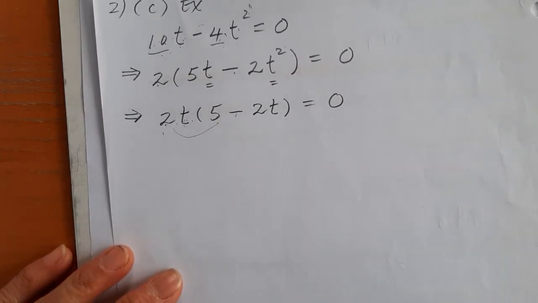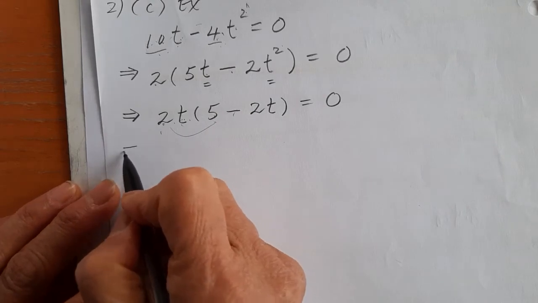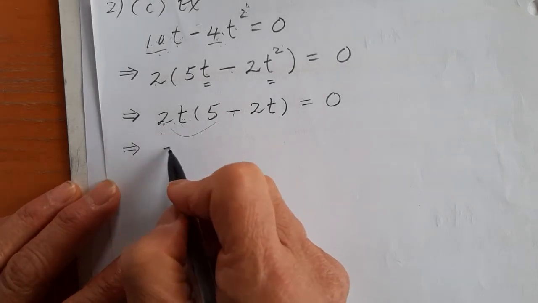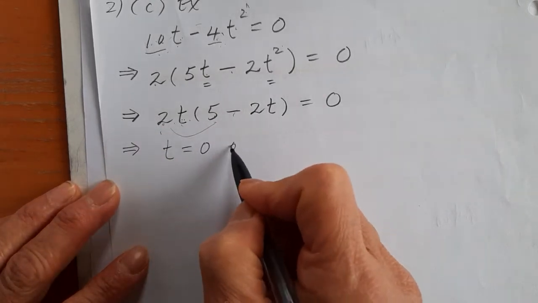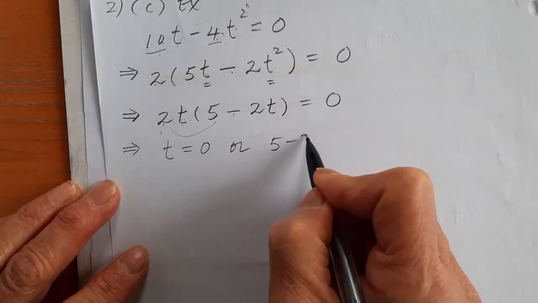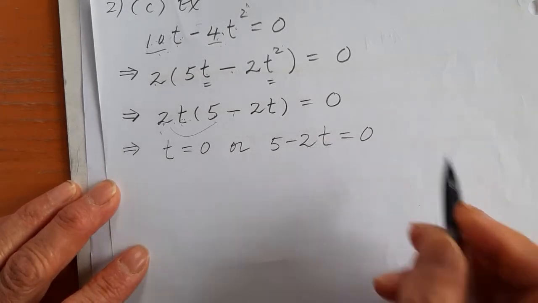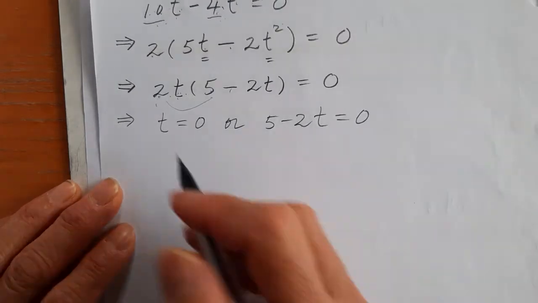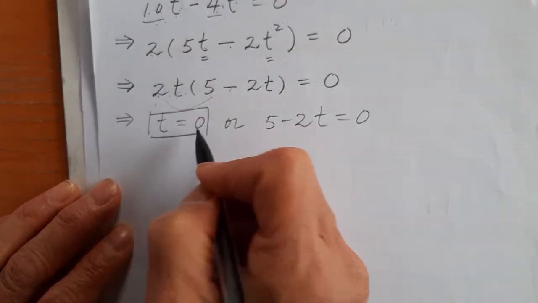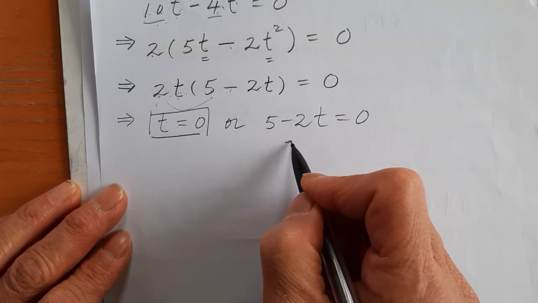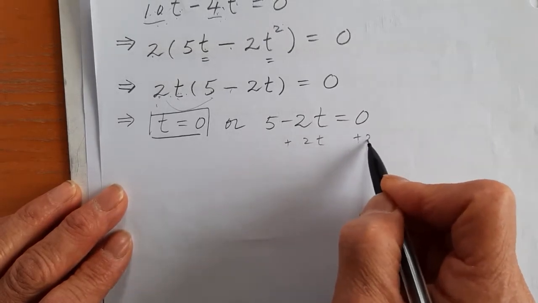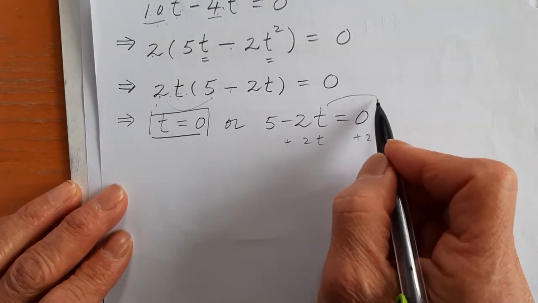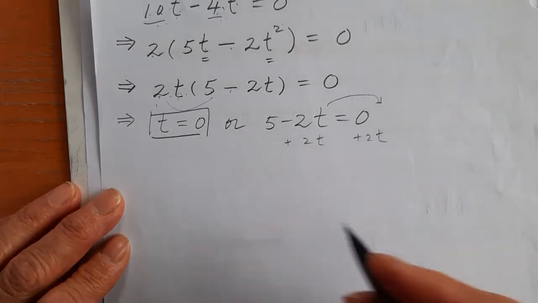And then use the zero factor property. Either t equals 0 or 5 minus 2t equals 0. So t equals 0 is already an answer. For the other one, you can add 2t to both sides. The quick way is to move 2t to the other side and change the sign.